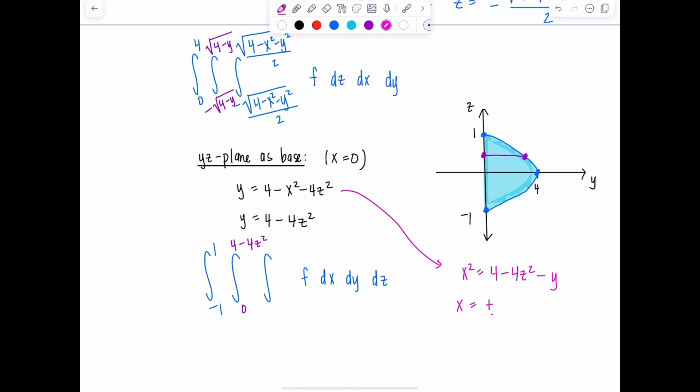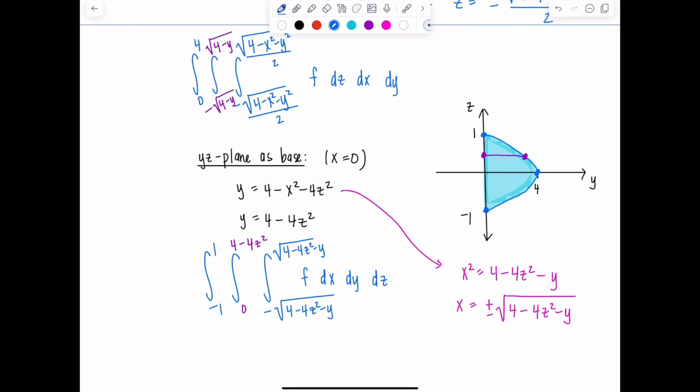So x is plus or minus rad 4 minus 4z squared minus y. So the negative radical is going to be the lower limit. The positive radical is going to be the upper limit. So here we have rad 4 minus 4z squared minus y, and then this is negative rad 4 minus 4z squared minus y.